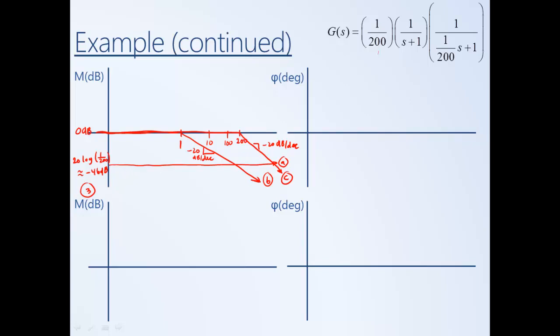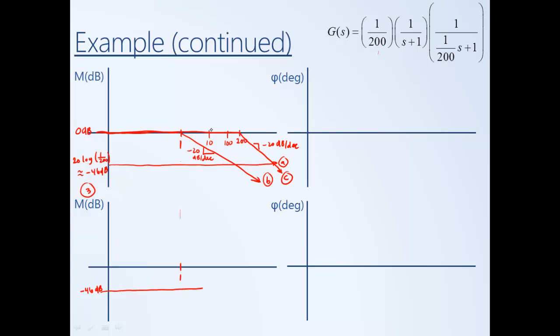So the slope at low frequencies is going to be flat, and the magnitude is going to equal 0 plus 0 plus -46. It stays that way until we reach 1 radian per second. That's where one of our components has a break frequency. Once we reach 1 radian per second, one of the components starts to go down at -20 dBs per decade.